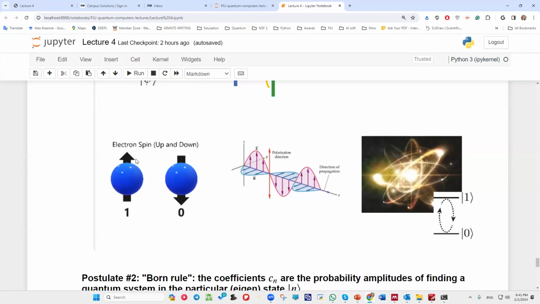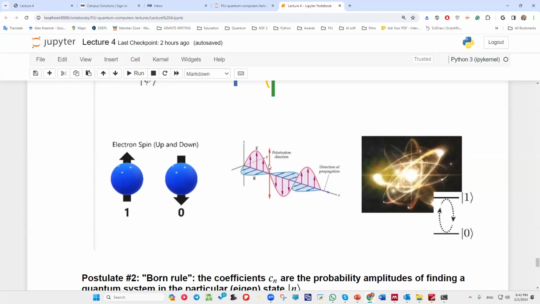However, in an experiment, it can be found only in the state up or the state down, and not in any other possible states or any compositions. So only just two options here. But before we measure it, it must be thought of as being in both states at the same time.